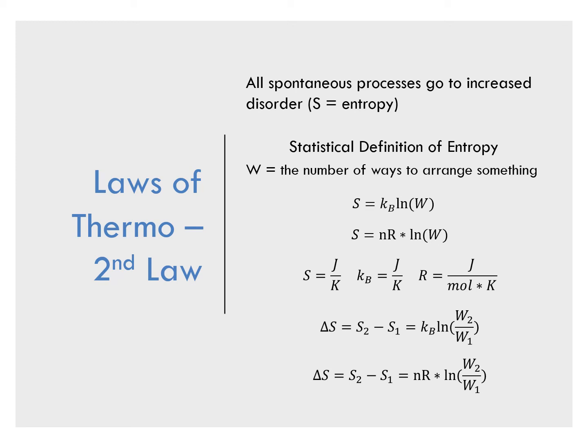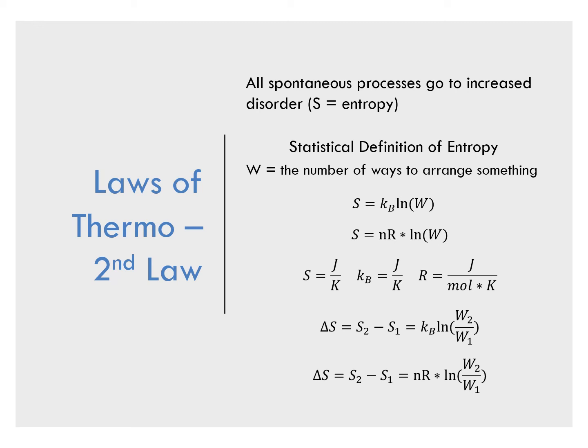For this, there are quite a few equations you can generate. We have S is equal to the Boltzmann constant times the natural log of W. This is also equal to S is equal to the number of moles times R times the natural log of W. Remember that in this case, S, or entropy, is in joules per Kelvin.